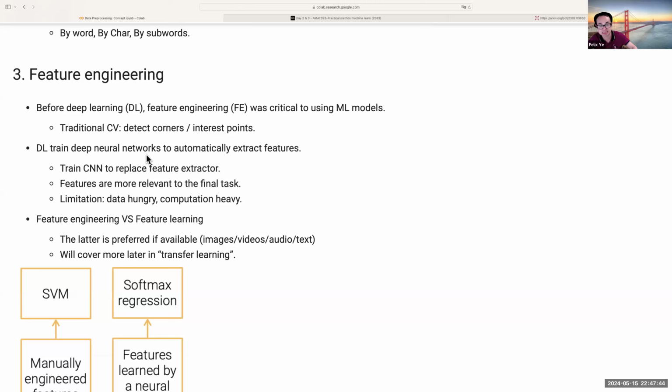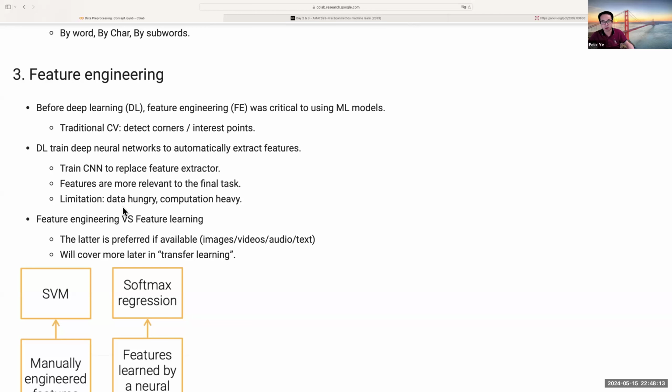Since they are created automatically, these features will be the most relevant to the final task, whether you want to handle numbers, objects, or classification of behaviors, for example.